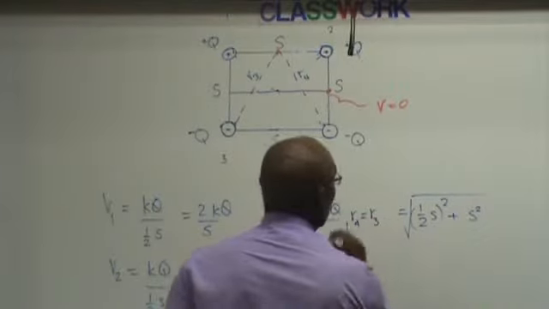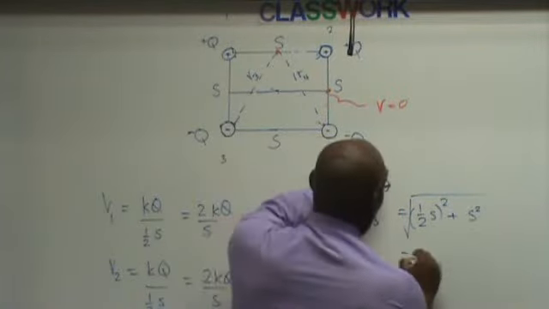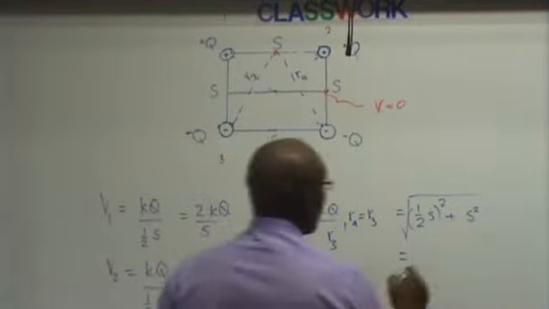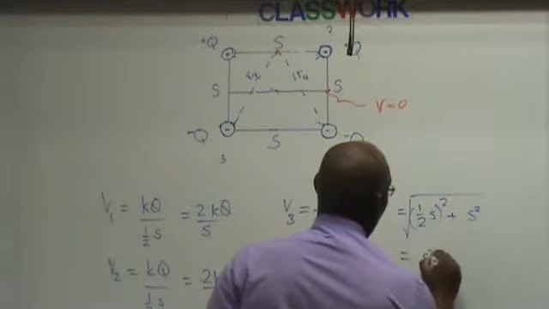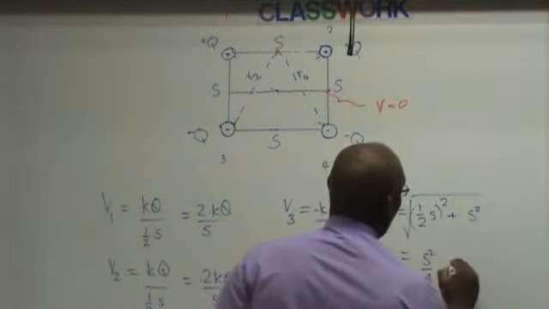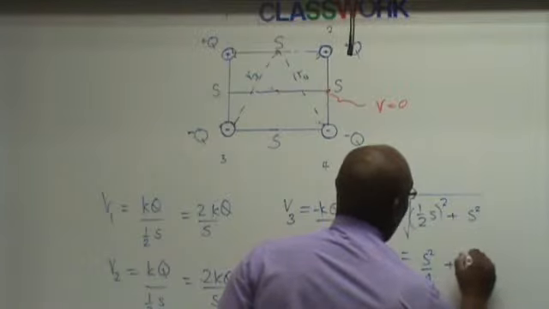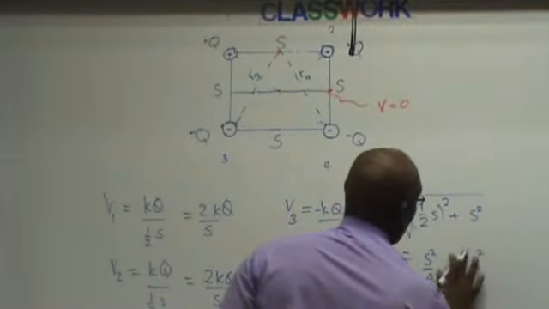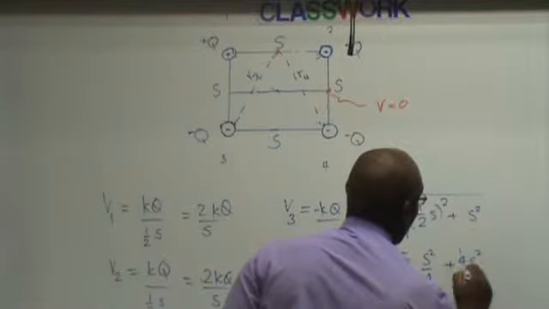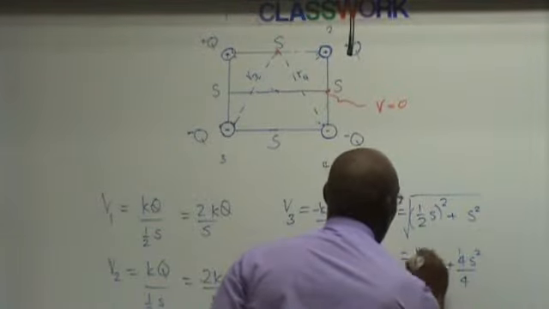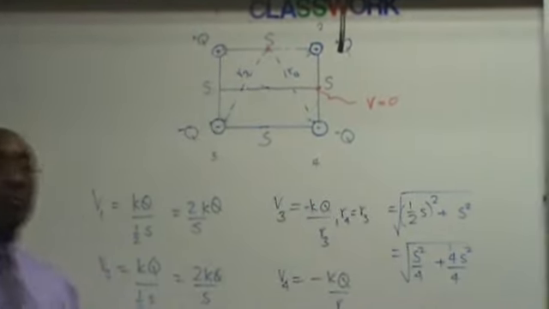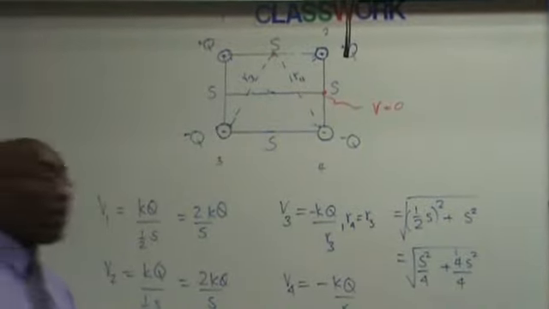All right? So let's do the little algebra here. You can add them. S squared over 4 plus 4S squared over 4. You see what I just did? You follow that? Okay?